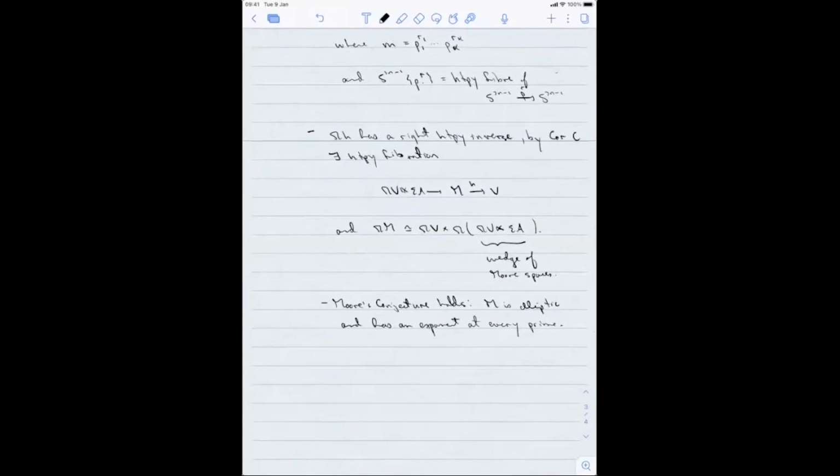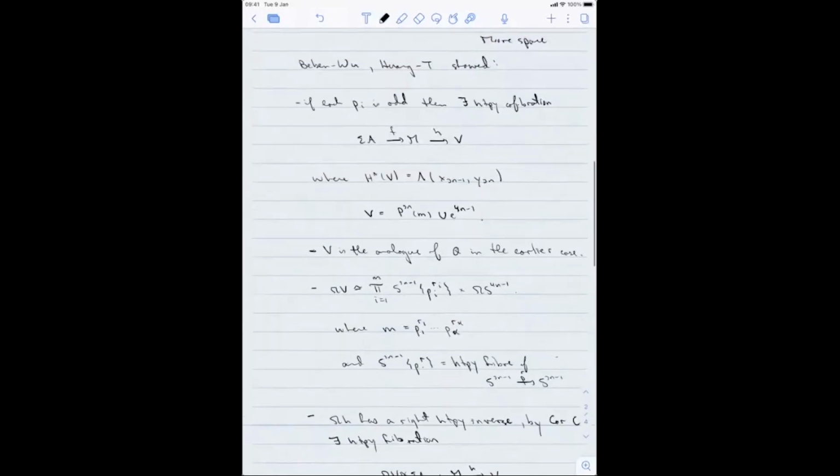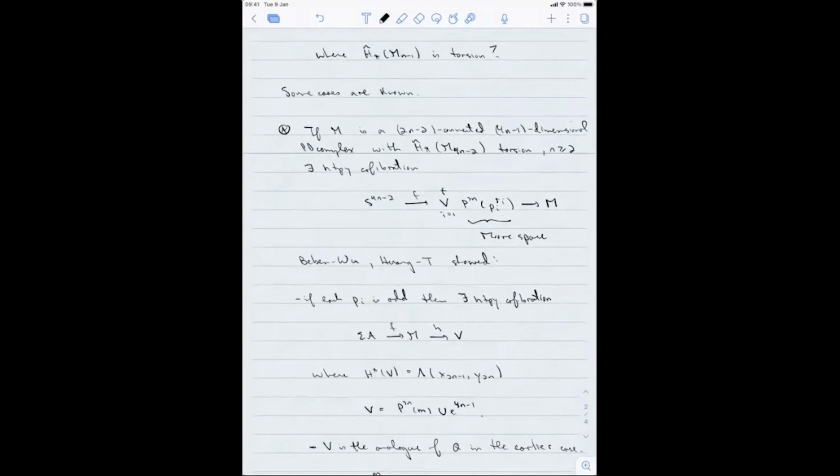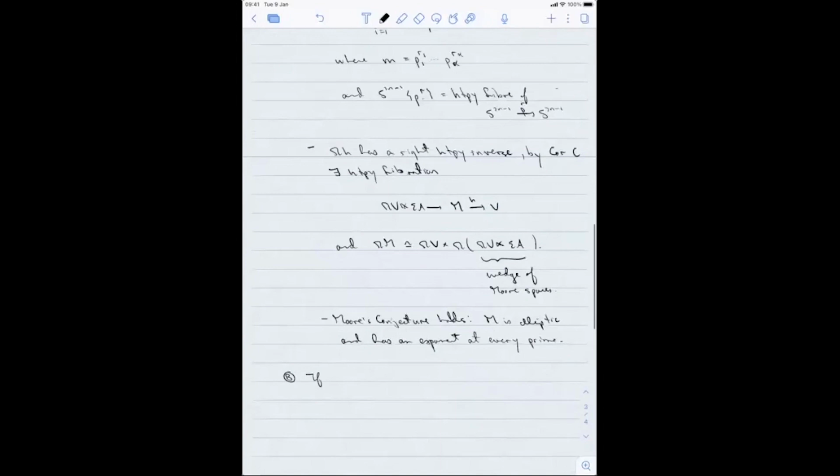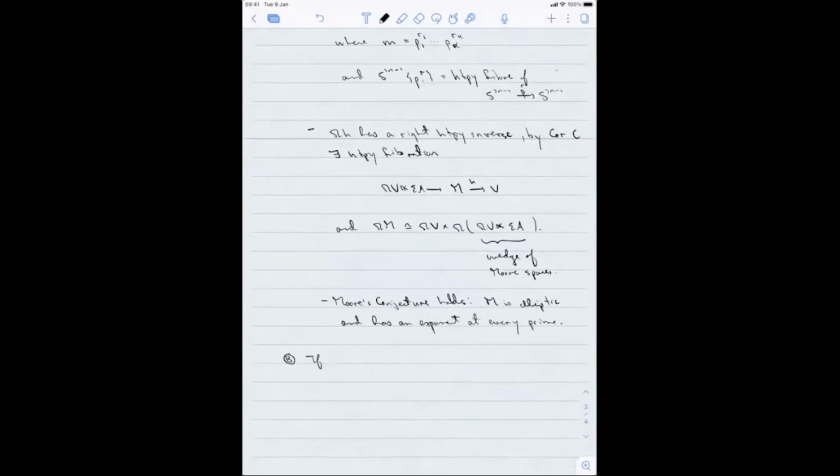There's another case. That deals with 2n minus 2 connected, 4n minus 1 dimensional Poincaré duality complexes. If you look at the other parity, I'll make this a remark rather.